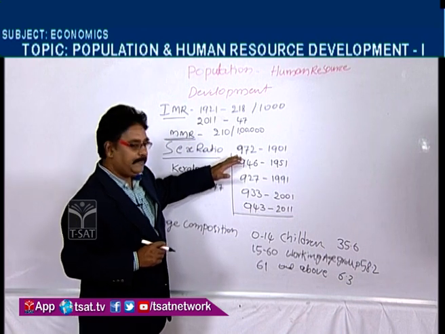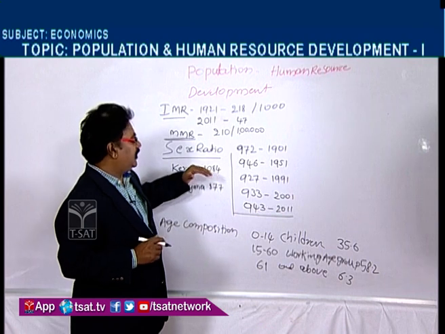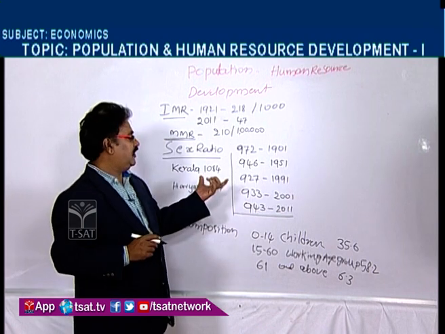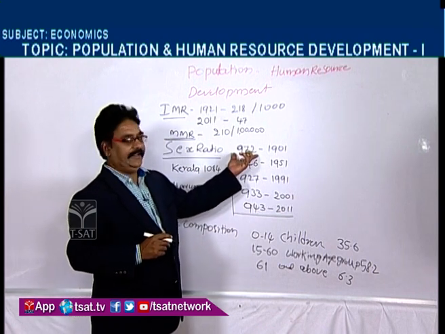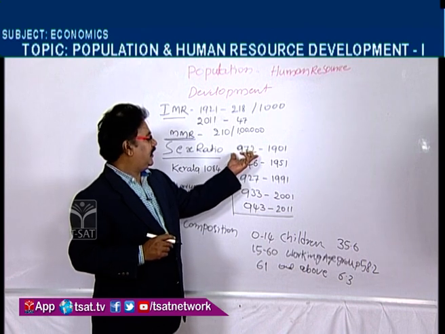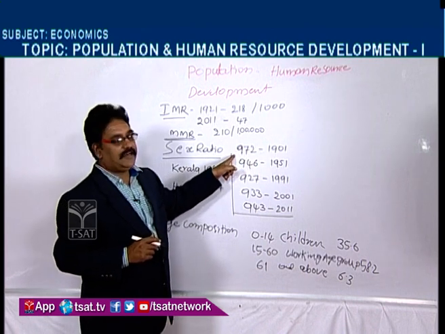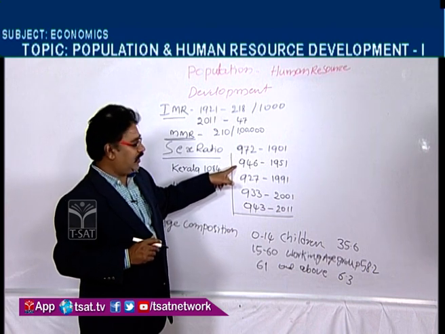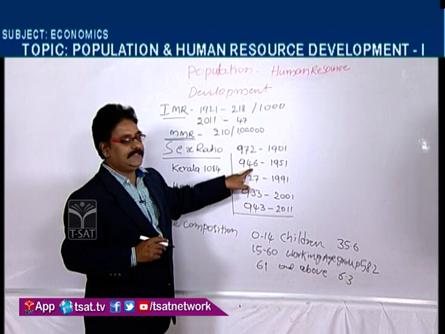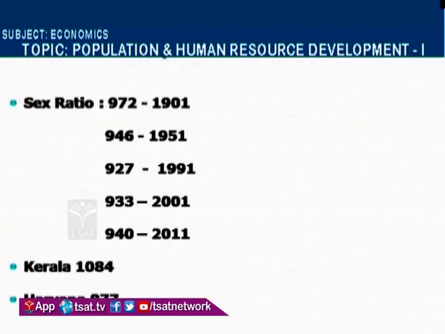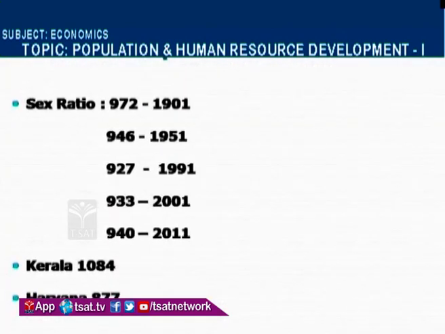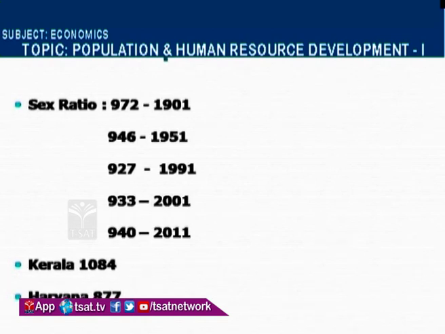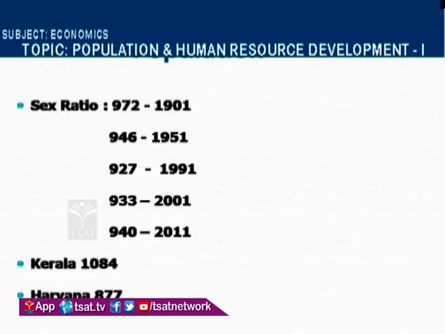Sex ratio means how many females there are for every 1000 males in a country. In 1901 it is 972, in 1951 it declined to 946, and again it declined to 927 in 1991.